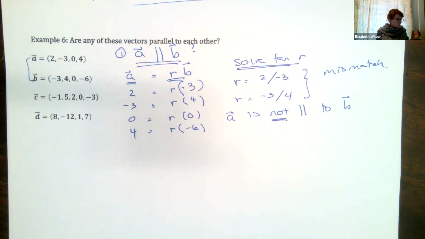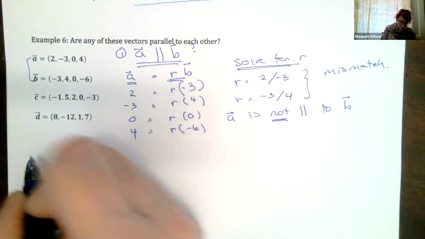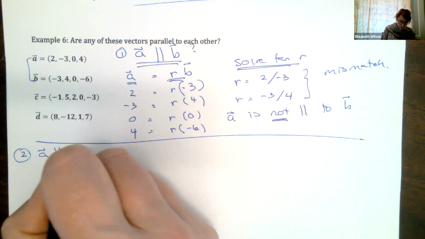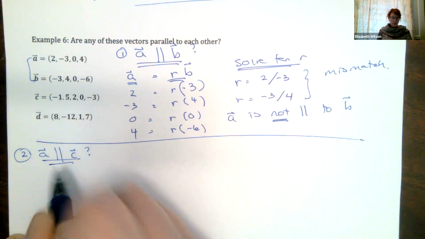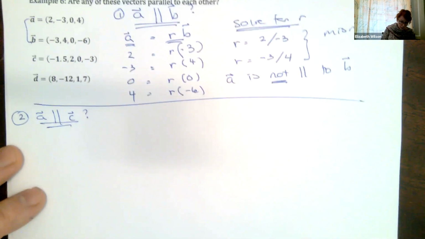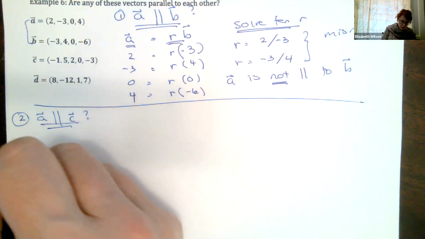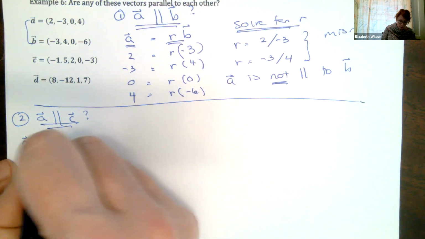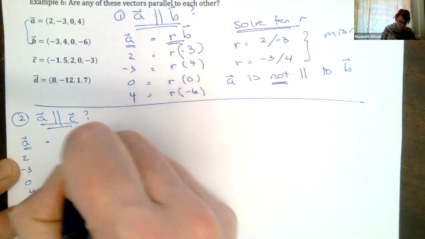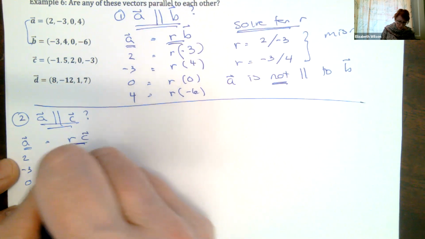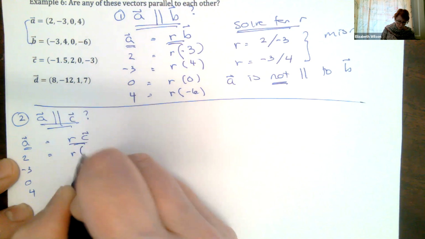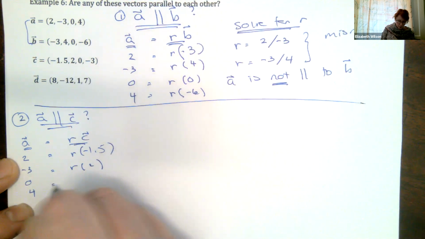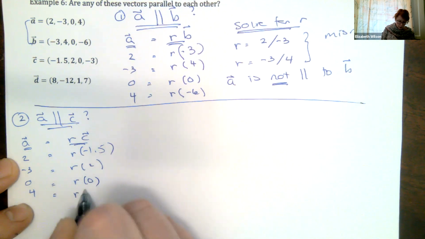Okay. So let's try A to C. A parallel to C, I'll put a question mark. We're going to do the same process, right? So I'm going to list the components of A: 2, -3, 0, 4 equals R, my scalar, times C. So this is going to be equal to R times -1.5, R times 2, R times 0, R times -3.